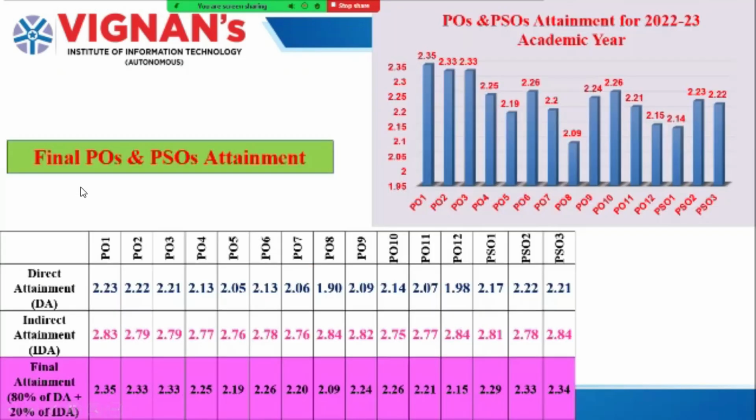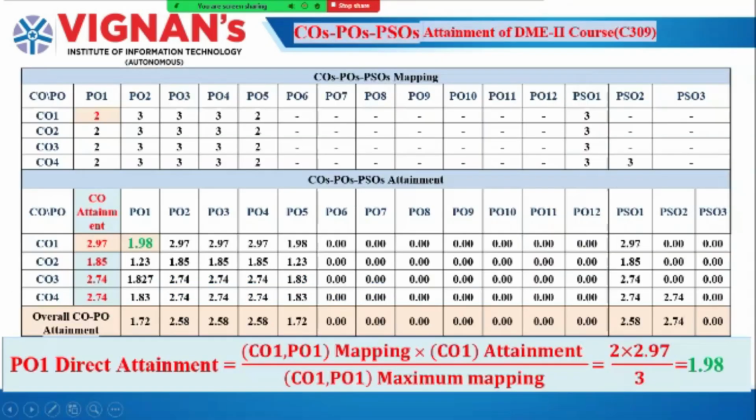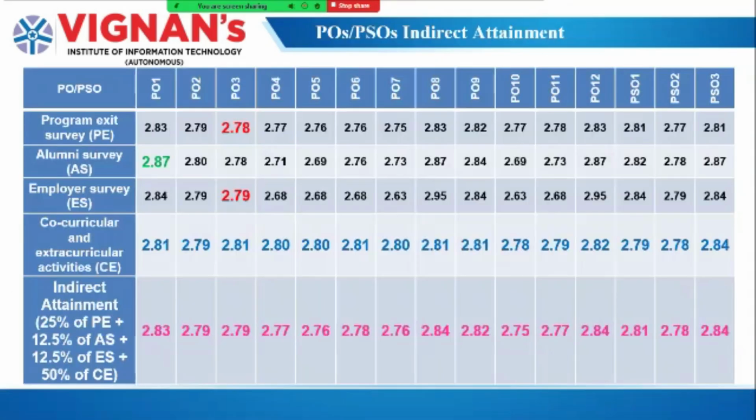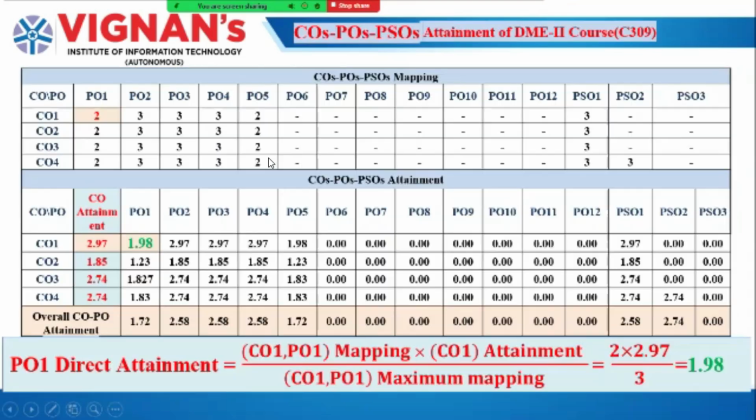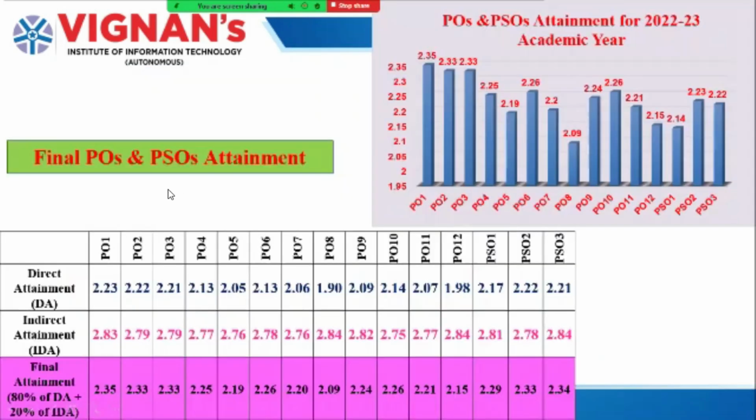Similarly, you have the indirect PO attainment, that is 2.83, 2.79. This is the indirect PO attainment, and this is the direct attainment. Here you have to find the final attainment, that is 80% of direct attainment and 20% of indirect attainment.